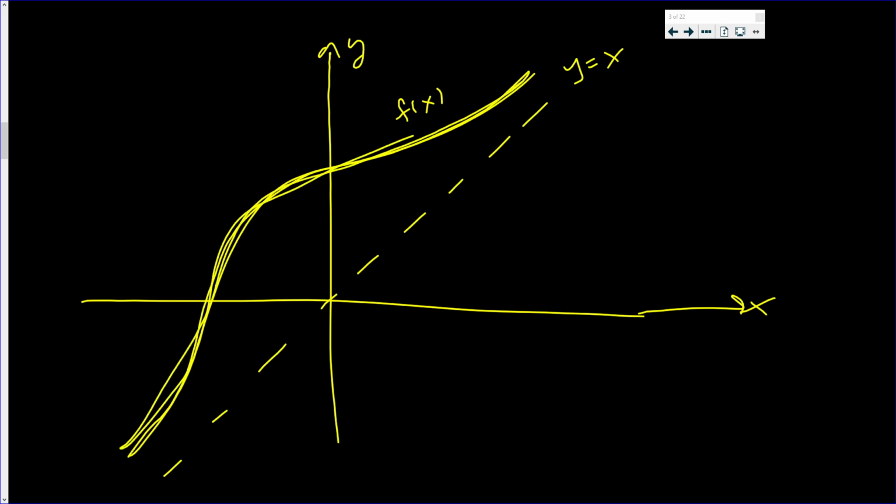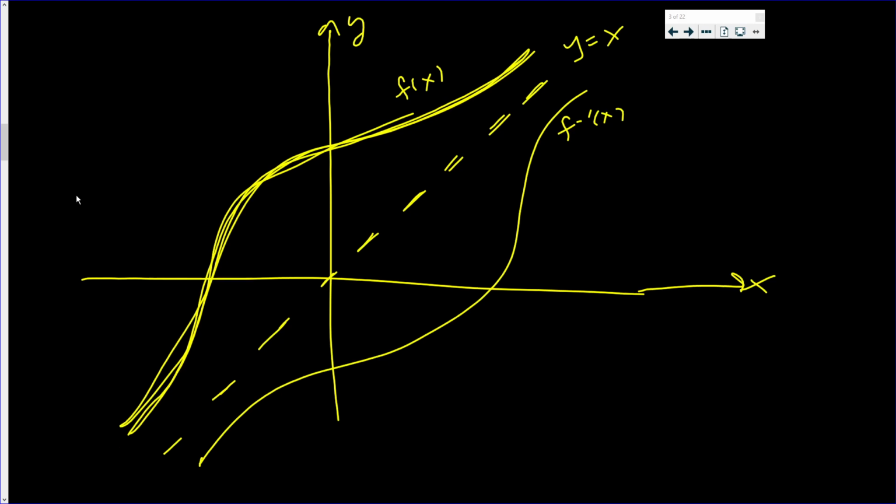And then you fold your paper along this line, y equal x. And of course, paint is going to end up over here. Paint is going to end up right there. And that is f inverse of x. They are mirror images of one another.